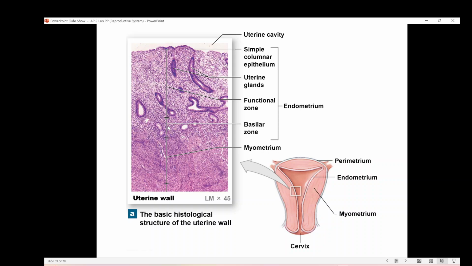The basilar area or zone always stays the same. The basilar zone is going to give rise to a new functional zone after menstruation takes place. So this is kind of a constant. This doesn't change, whereas this does get sloughed off month to month.